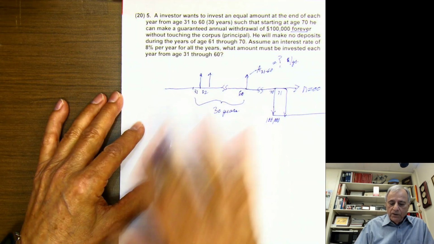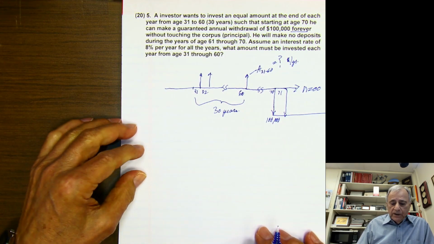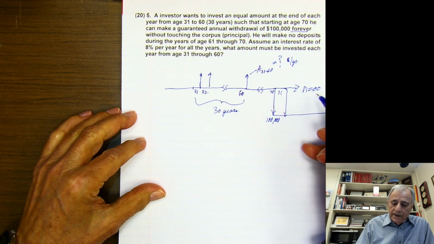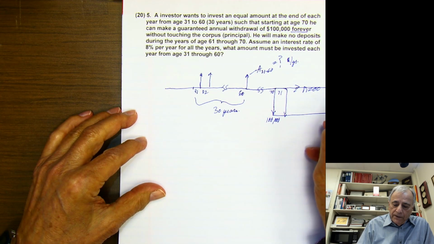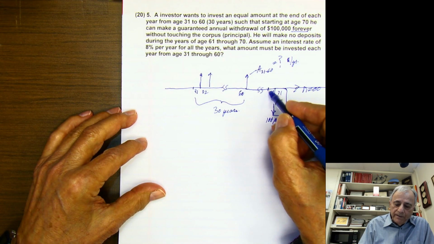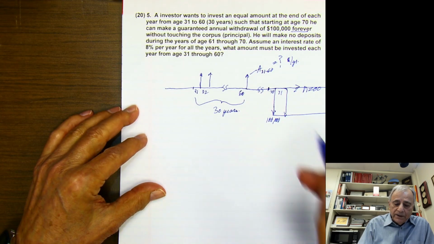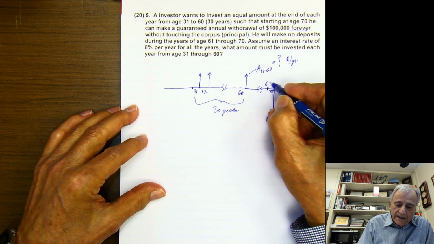So this is a uniform series. The first thing we'll do is find the present worth of this infinite A series. Where will the present worth be? One year before the series starts, so it's going to be at year 69.